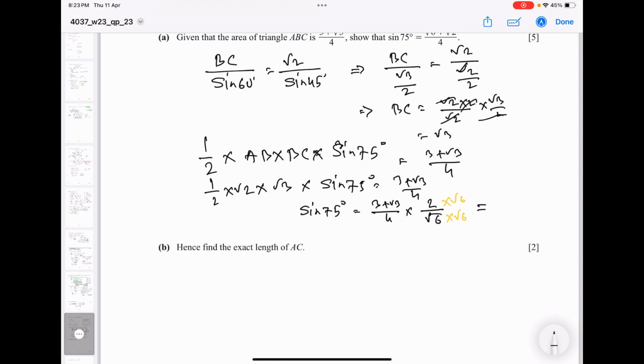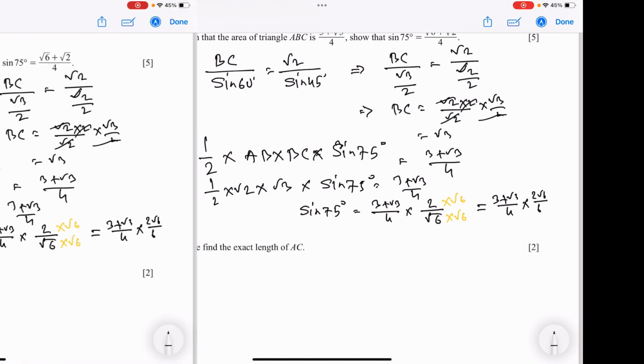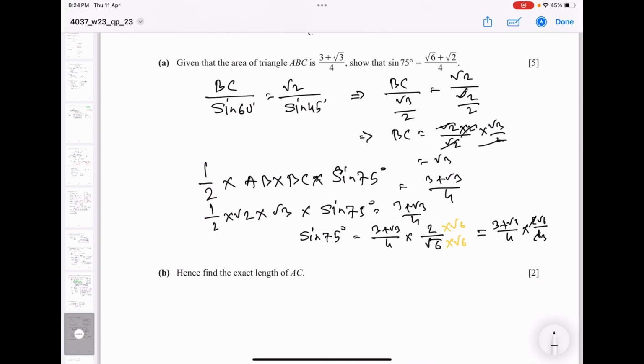Finally, it is becoming 3 plus root 3 divided by 4 into 2 root 6 divided by 6. 3 root 6 plus, I am writing it here, 3 root 6 and root 18, divided by 3 4s are 12.